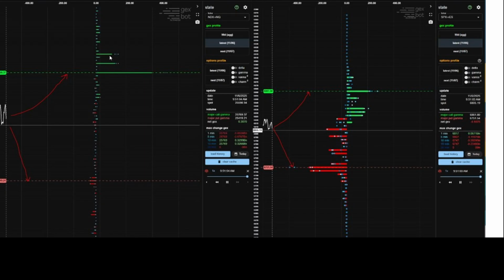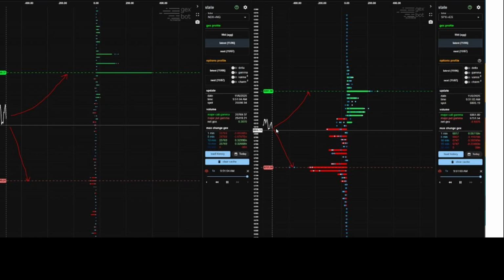This is real 0DTE data that you see every day when traders take positions to take longs and close positions in that zone.